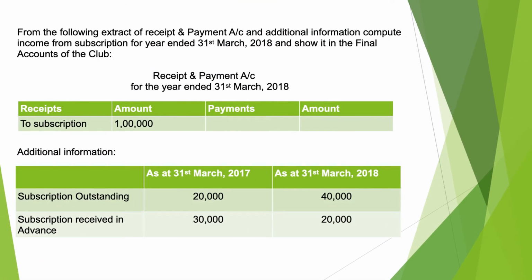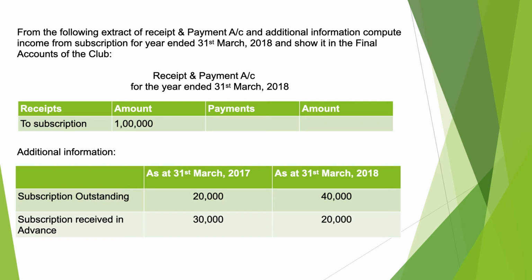Now let us study the treatment of subscription with the help of an example. From the following extract of receipt and payment account and additional information, compute income from subscription for the year ended 31st March 2018 and show it in the final accounts of the club.